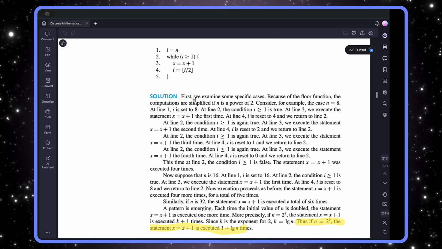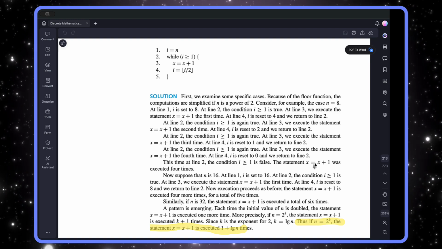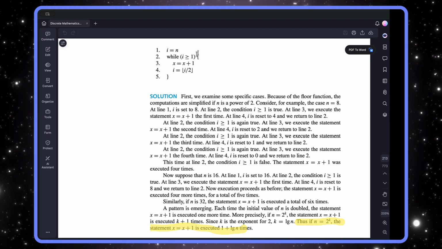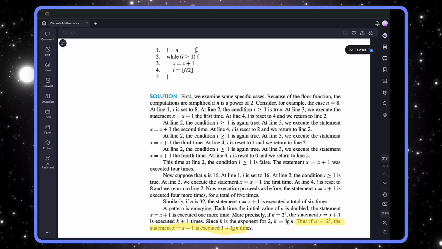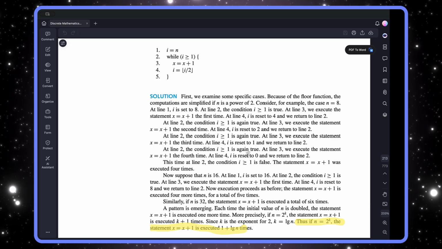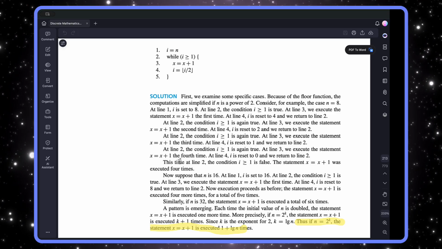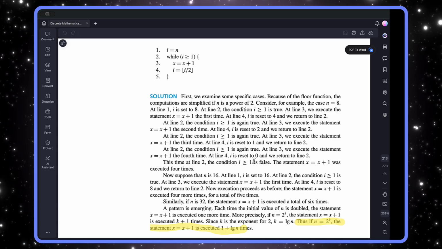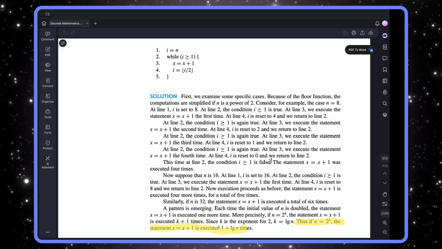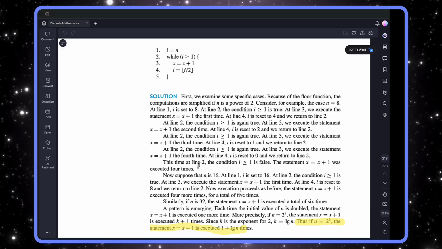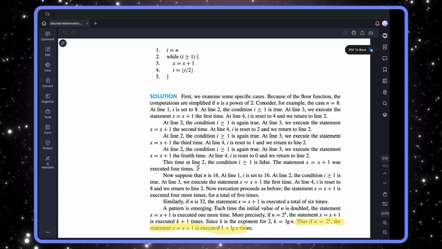But eventually i becomes 0, and once it's reset to 0, we return to line 2, and the condition is false. So the statement x equals x plus 1 was executed how many times? It was executed 4 times.